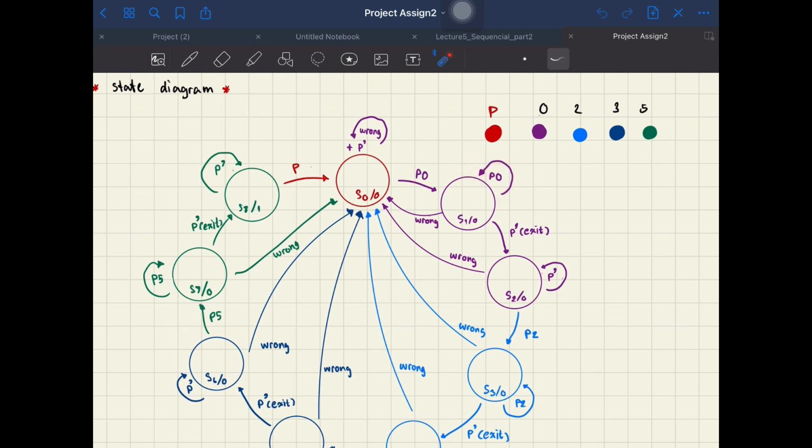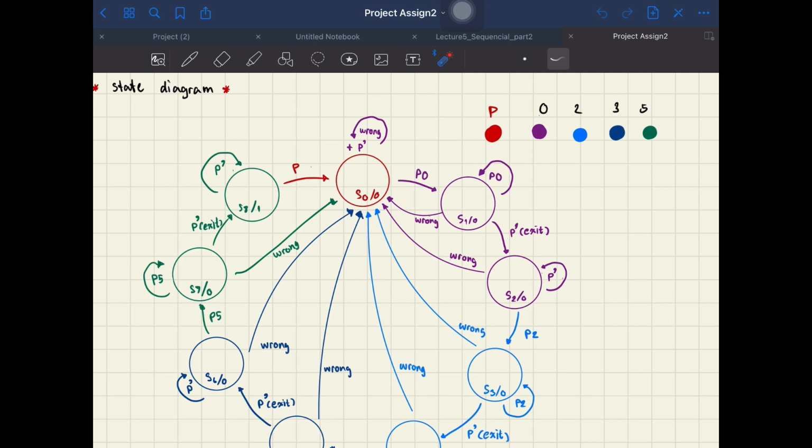And if you enter the wrong password, you will go back to state 0. And next, if you want to go to state 2, you must leave that digit. I mean, you must release the press on 0 to go to state 2.